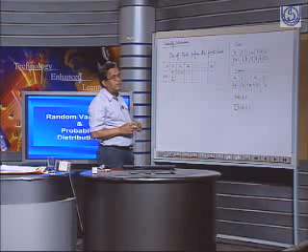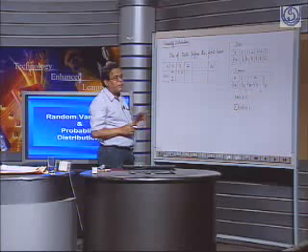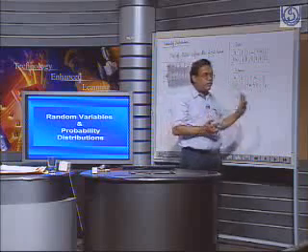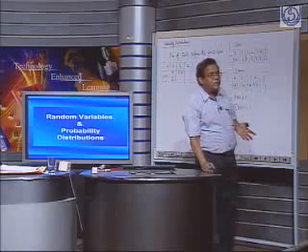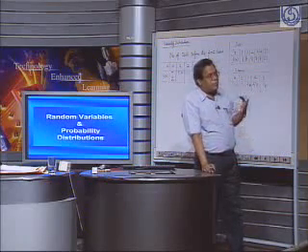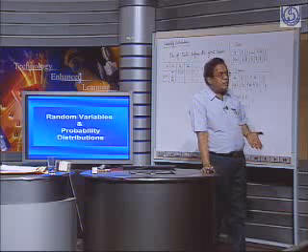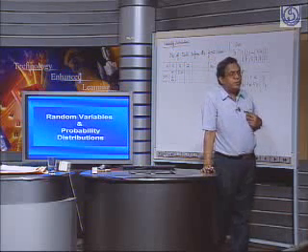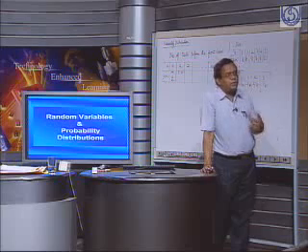What's the probability? What is the probability of tail in first? Forget about the second one. 1 by 2. And what is the probability of head in second? 1 by 2. So what's the probability of tail in first and head in second? 1 by 4, 1 by 2 into 1 by 2.